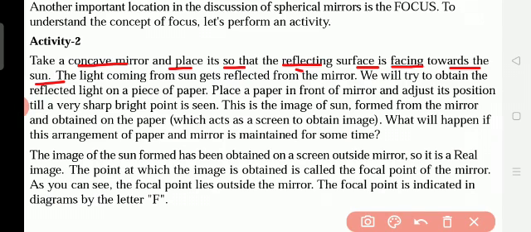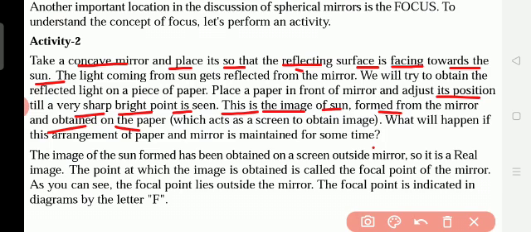We will try to obtain the reflected light on a piece of paper. Place a paper in front of the mirror and adjust its position till a very sharp bright point is seen. This is the image of the sun formed by the mirror and obtained on the paper, which acts as a screen to obtain the image.